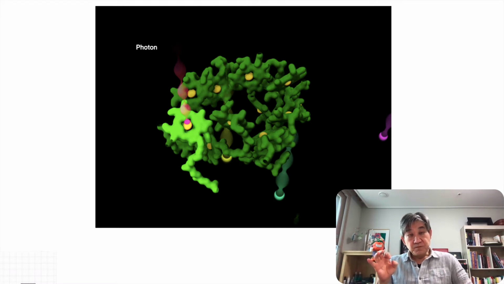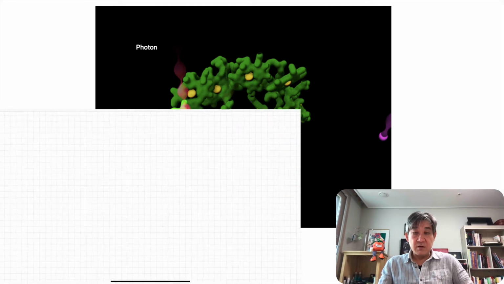That energy, interpreted as the unit of photon, is captured by a very specific, specialized molecule present in the chloroplast membrane of the leaf of the plant, which is named chlorophyll.